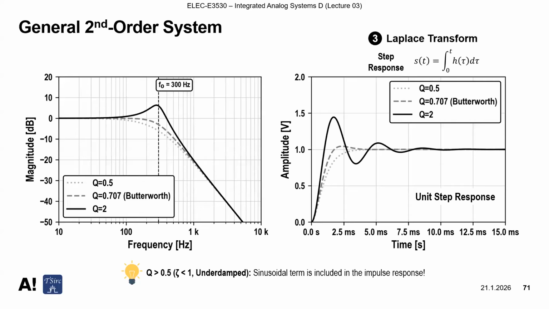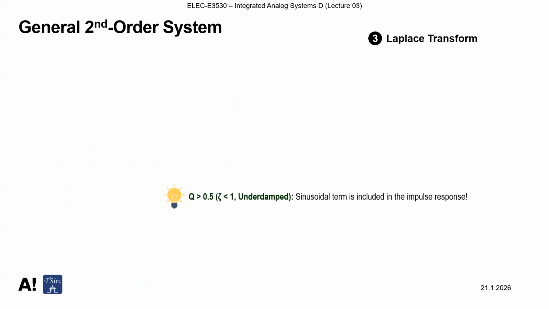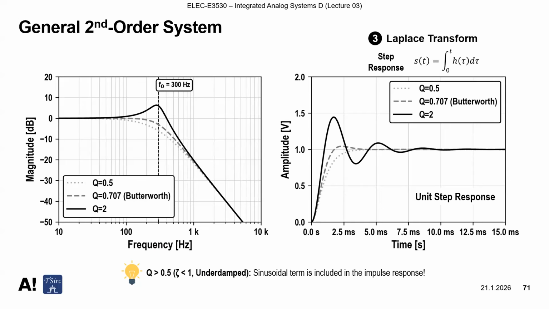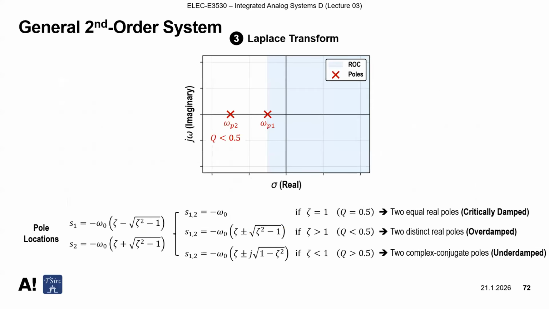For Q factor equal to 2, even more underdamped, then we have more fluctuating things. Those are all because of this sine term. So when we have Q factor less than 0.5, there is no sine term. So that is the result of what we are looking at as the transient condition, the unit step response.